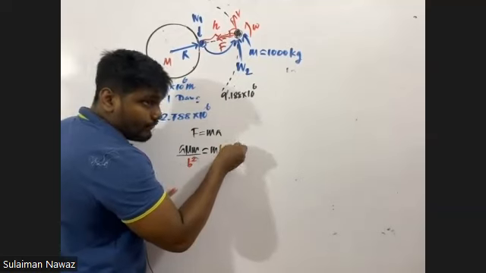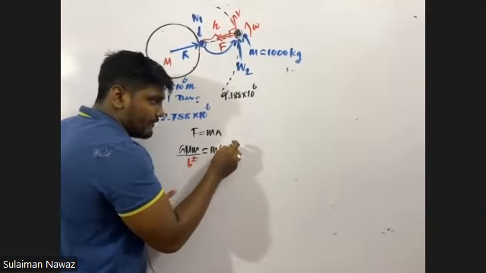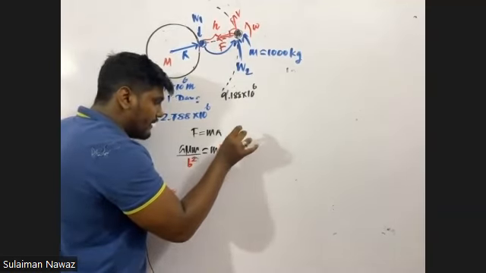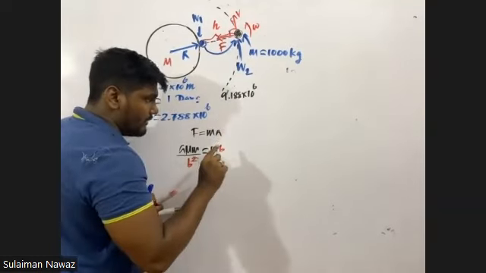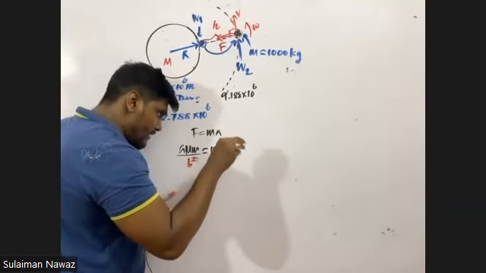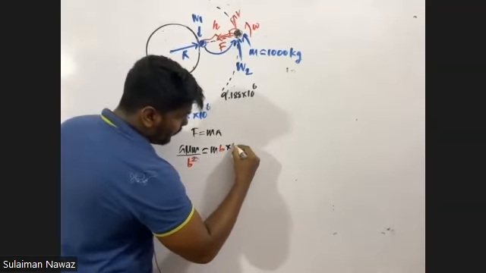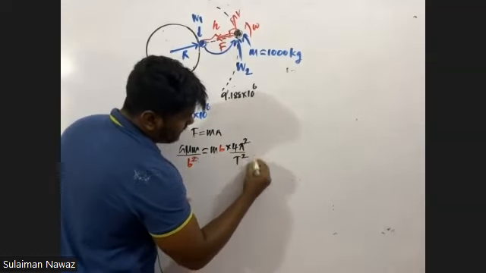What is omega squared? Omega is 2 pi over capital T, so omega squared is 2 pi over capital T whole squared, which means 4 pi squared over capital T squared. I hope you understand these things.